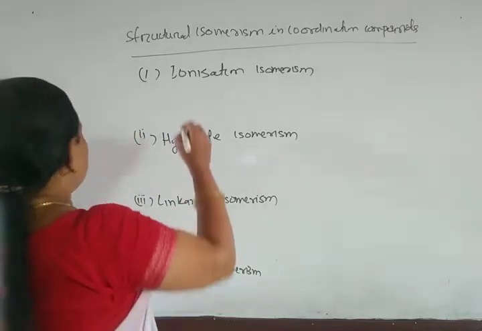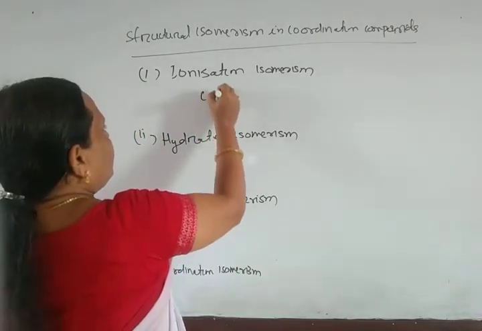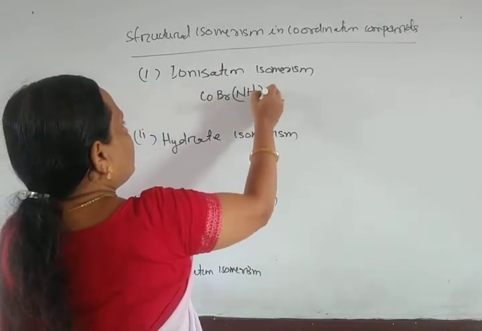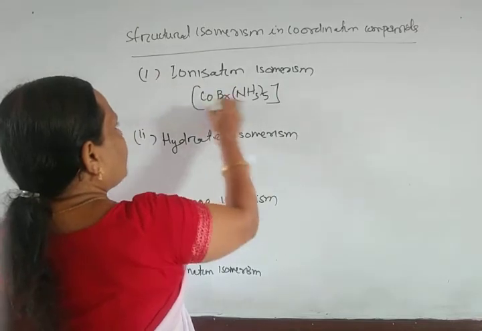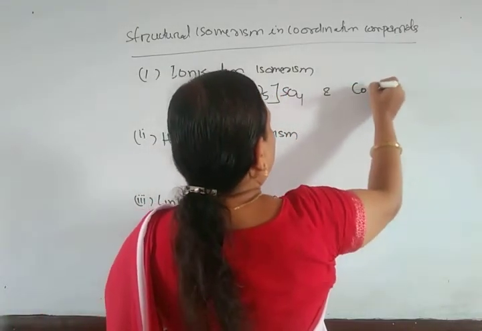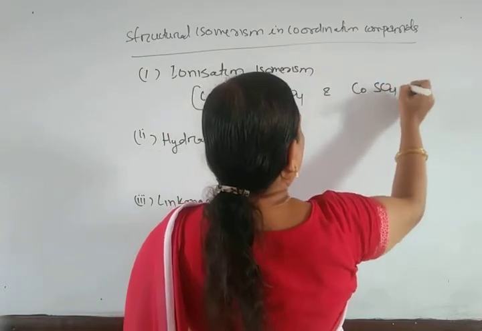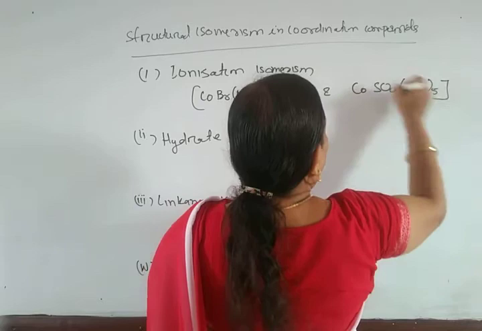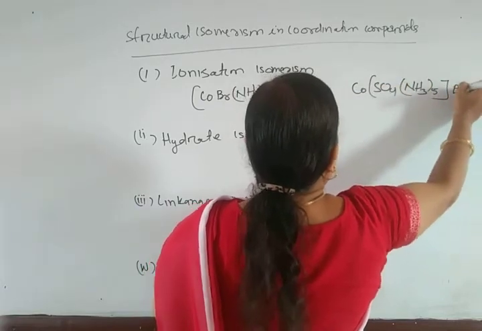Look at one example: [Co(NH3)5Br]SO4 and [Co(NH3)5SO4]Br.